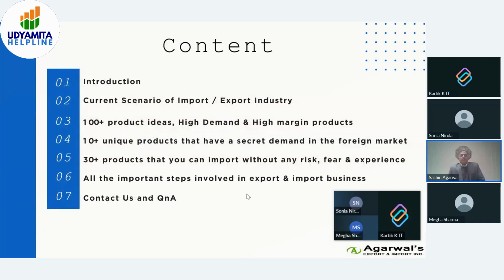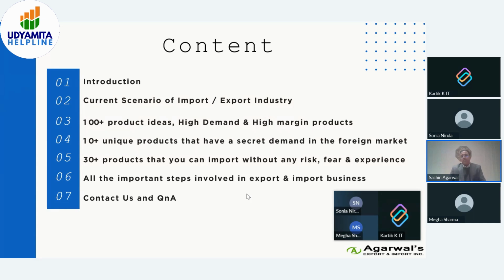Today we are going to discuss the current scenario of the import and export industry. Then we are going to discuss the 100 products. Yes, we are going to discuss a lot of products which are in high demand and which have high margins. That means that we are not going to be sending or getting those products which are in high competition, which everyone is selling.